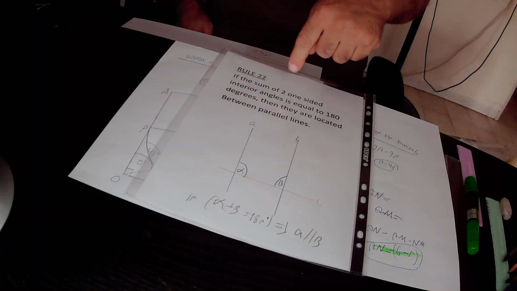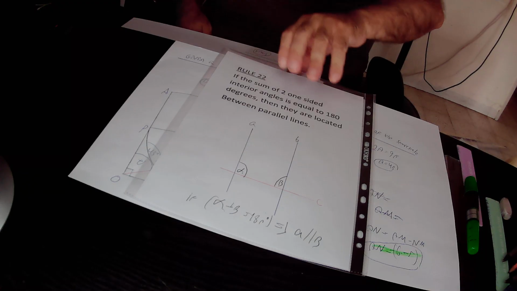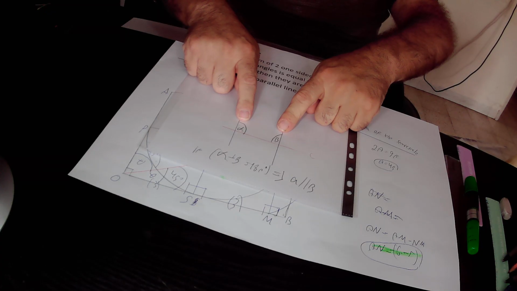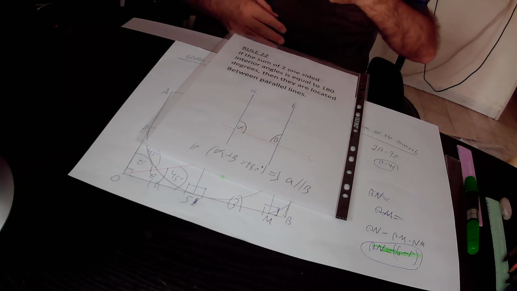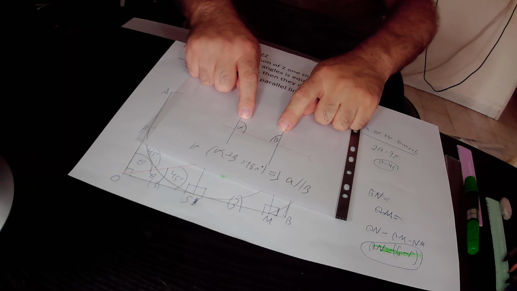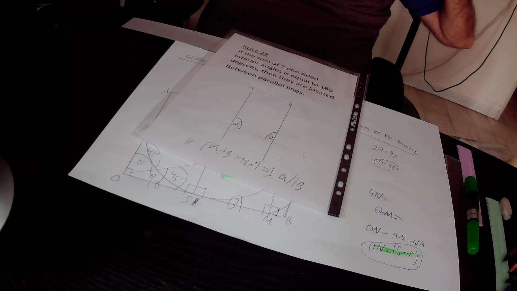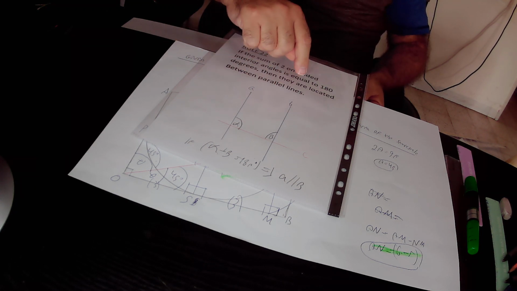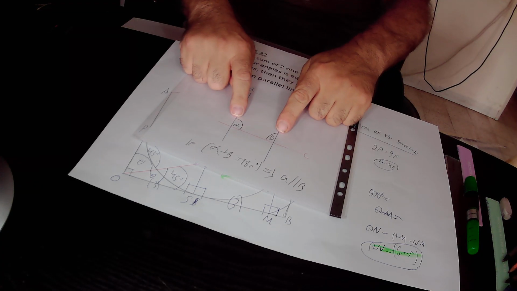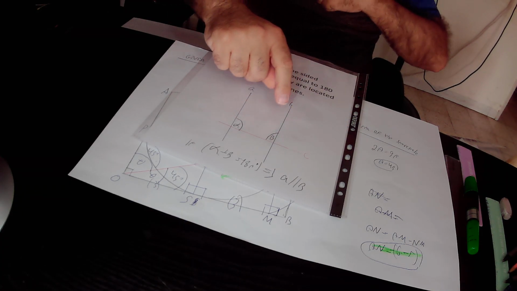In the drawing, we have line A and line B. The line C cuts those two lines, and we have those two angles alpha and beta that are defined as one-sided interior angles. If the sum of those two one-sided interior angles is equal to 180 degrees, then line A is parallel to line B.